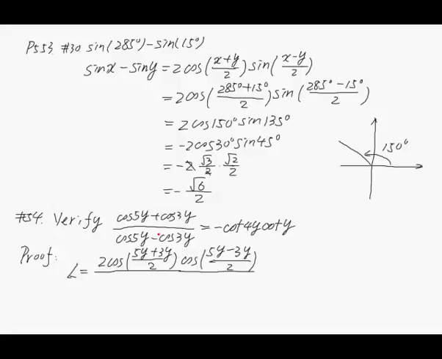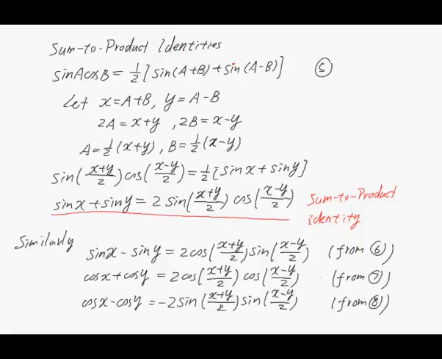And for the denominator, we need to use another sum to product identity: cosine A minus cosine B equals negative 2 times sine of (A plus B) over 2 times sine of (A minus B) over 2. This is identity 8: cosine x minus cosine y equals negative 2 times sine of half (x plus y) and half (x minus y).